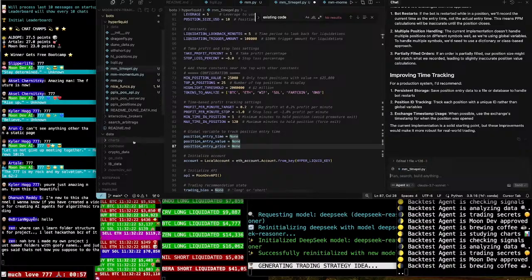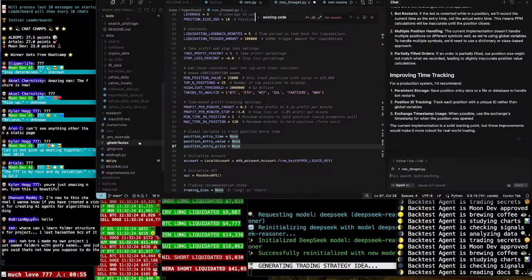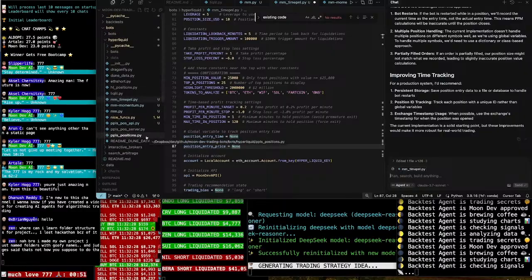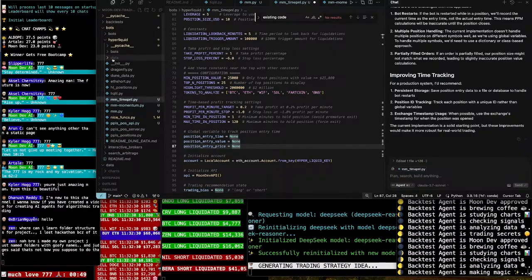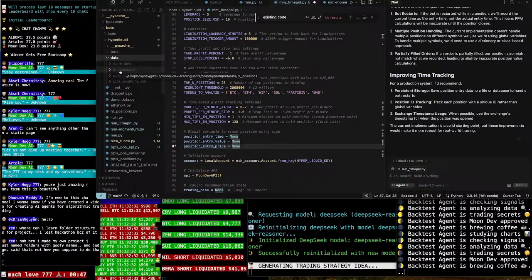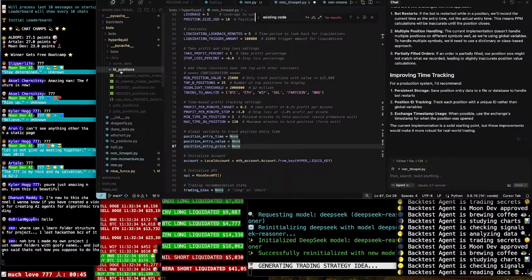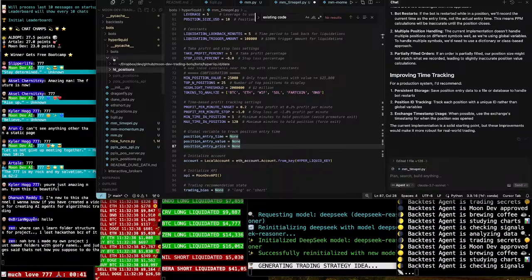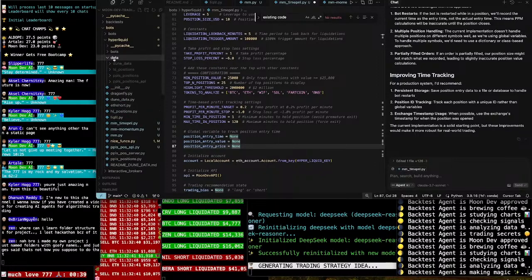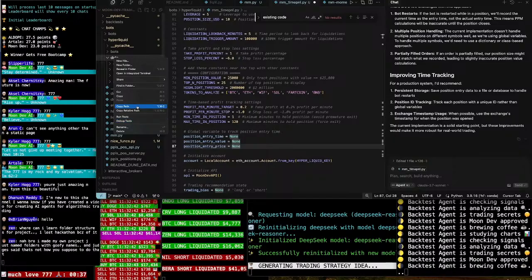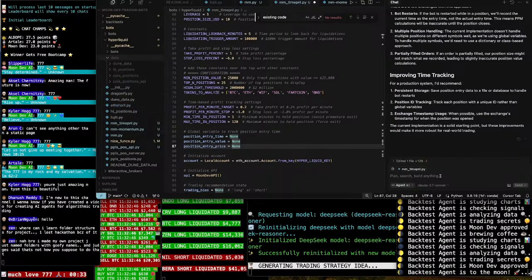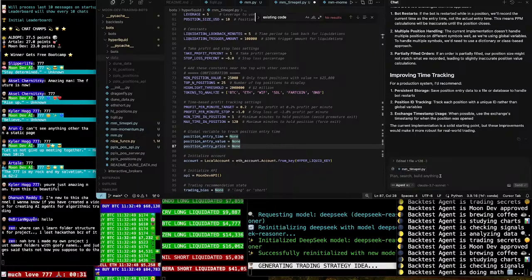Let's use pandas in order to do our tracking. We have a folder here for this bot. We can just use the data folder here. And let's log the entry time so we can see the actual entry of the position.